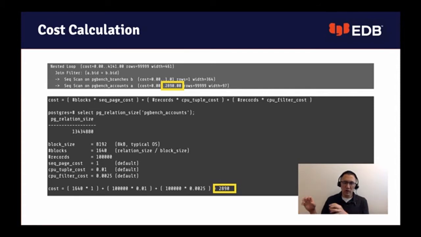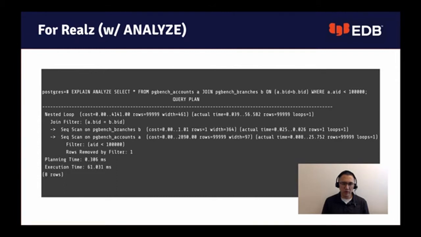All those costs were calculated, and the cheapest one it could come up with is the one we see right here. So let's actually run this query instead of just getting the plan, and find out what the query executor did.